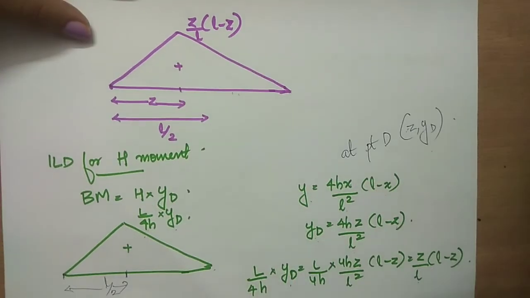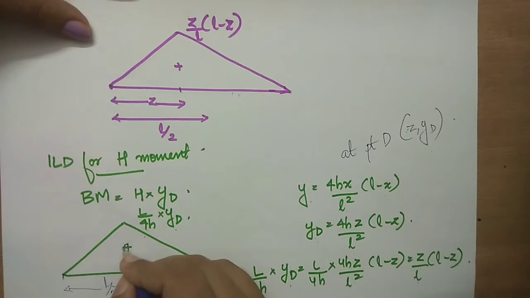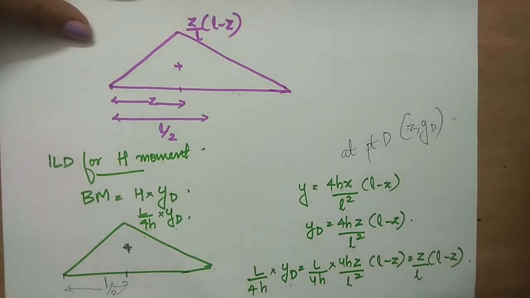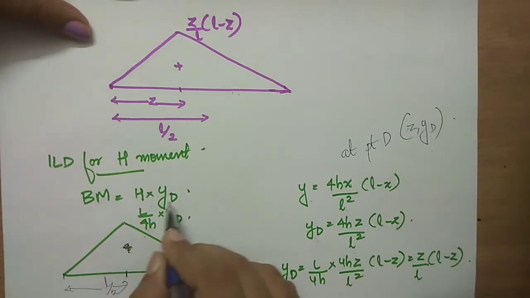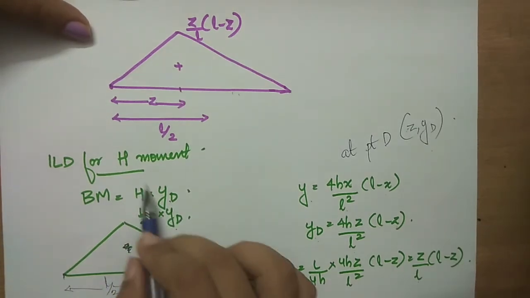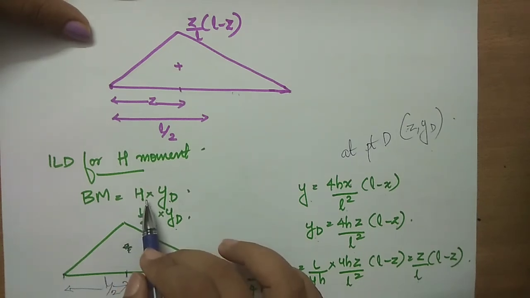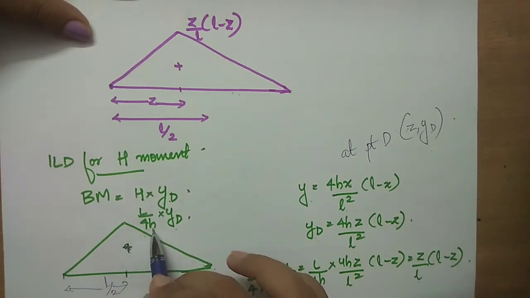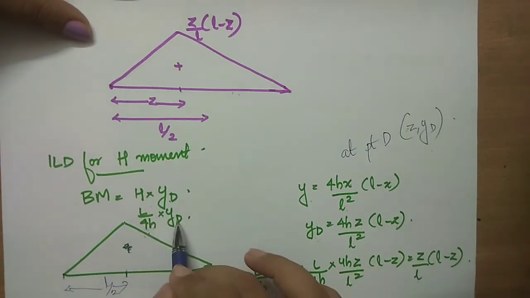Next is the ILD for H moment. We know that bending moment is H into YD. H, in the previous lecture we found out the influence line diagram value for H, which is L by 4H. Therefore, L by 4H into YD.